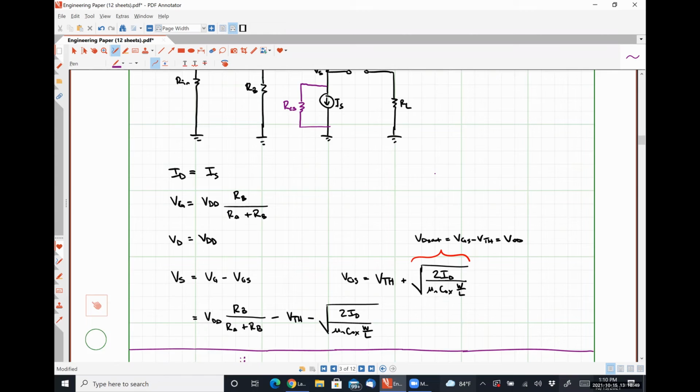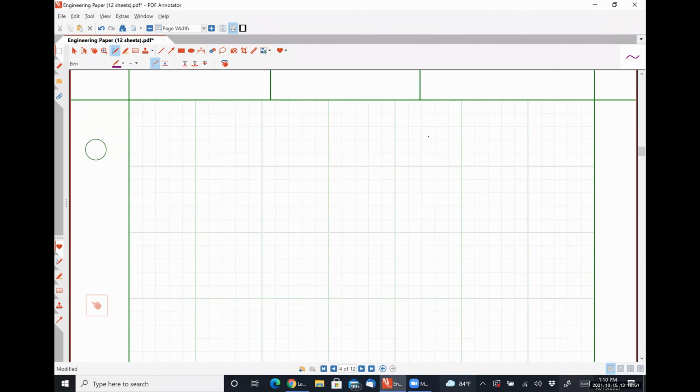So from that relationship, we could say that 1/2 mu n Cox W over L times (VGS minus VTH) squared is equal to IS plus VS over RCS.